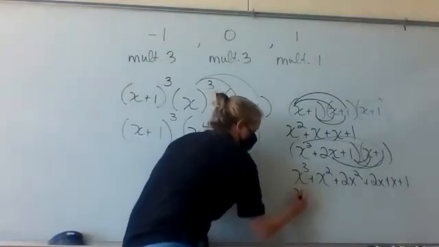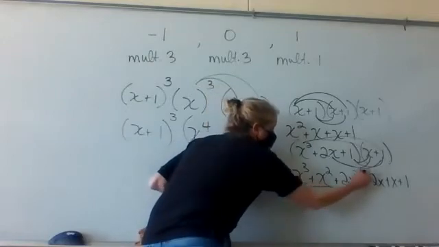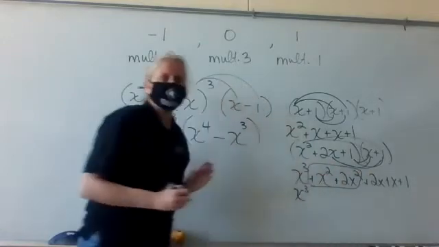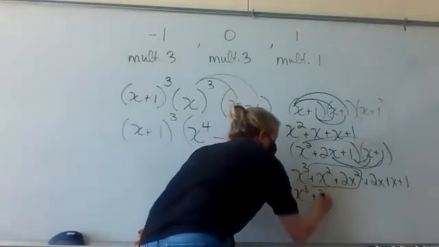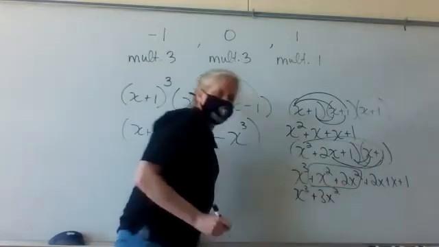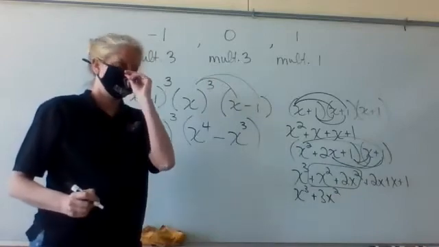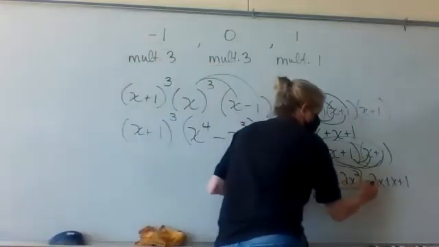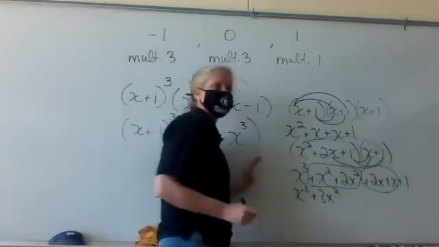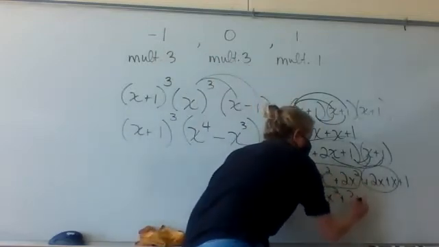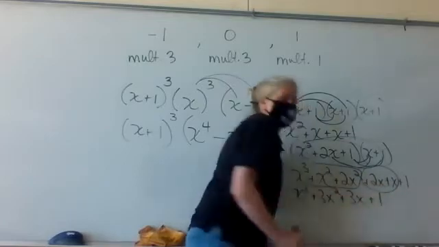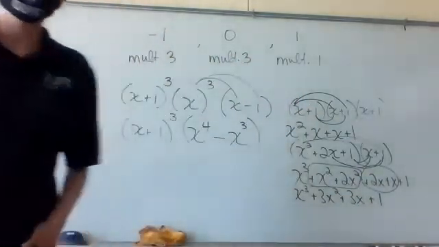So let's see, I got x to the third. There's all my x squareds. I need to put those together. So I've got 1 here and 2 there, so I really have 3x squareds. There's my x's. I've got 2 here and 1 here, so I really have 3 x's. Bring down my plus 1.